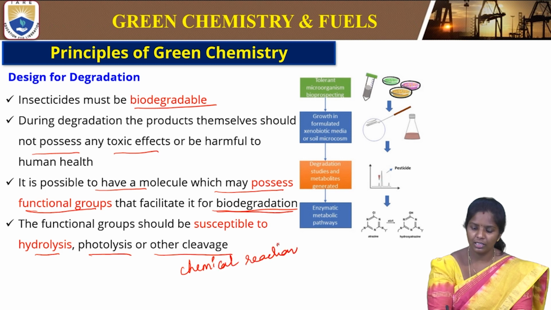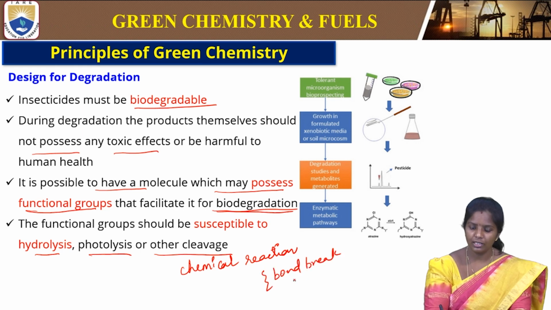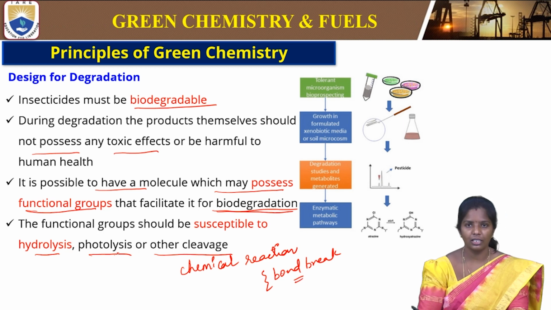So what happens in this case? Either it should break the bond with hydrolysis, photolysis in presence of light, or other cleavage that takes place. In that case only the degradation process will occur. So how can we monitor this? There are some microorganisms that are able to degrade.